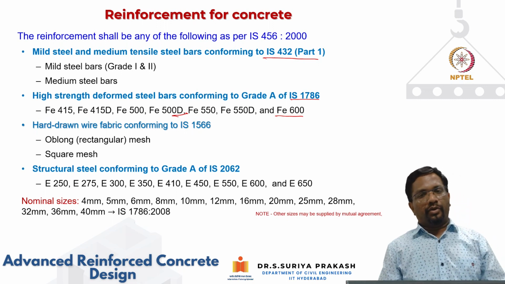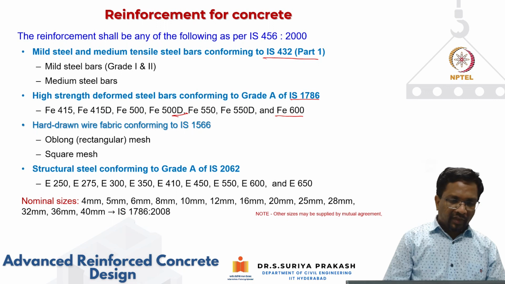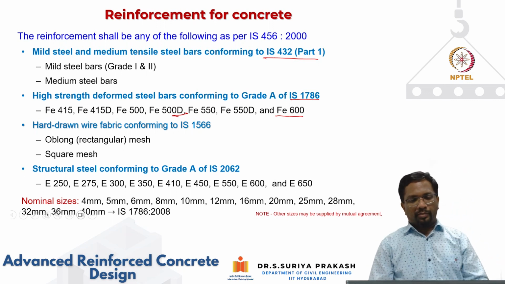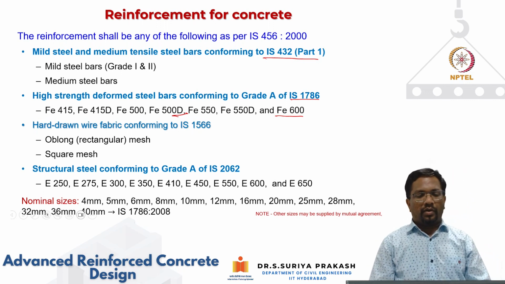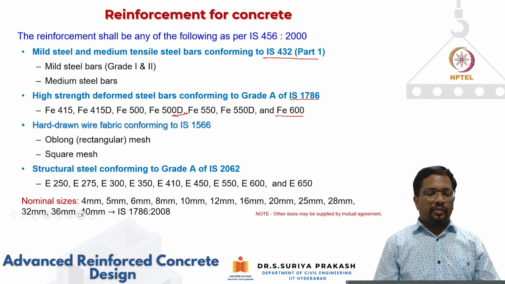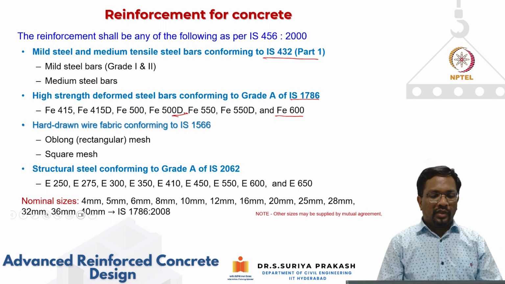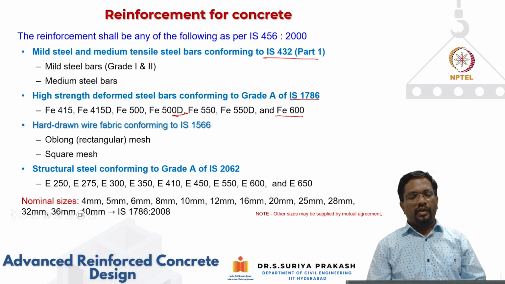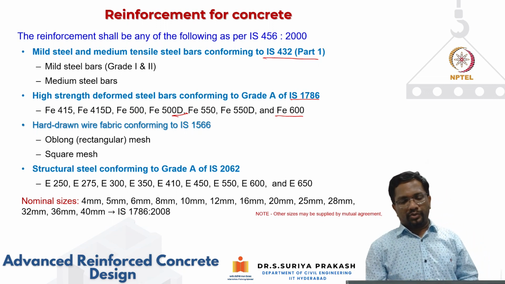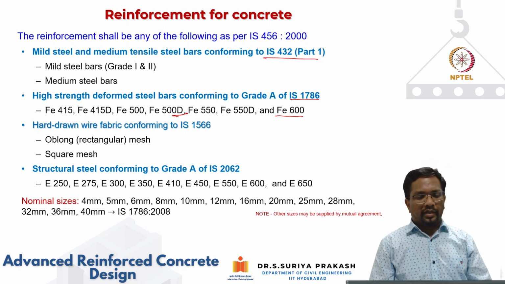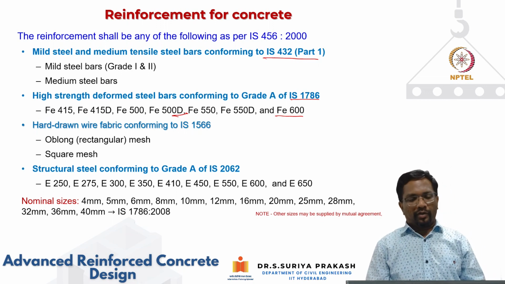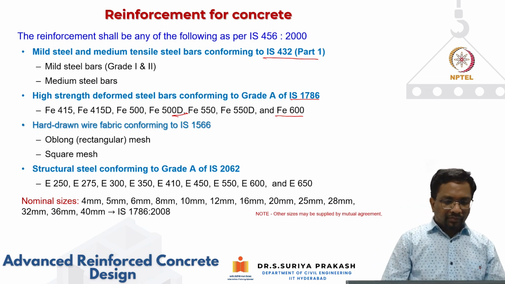so it has higher elongation at failure. For certain applications, we can also use hard drawn wire fabric, conforming to IS 1566. This hard drawn wire fabric is usually welded wire fabric. They come as an oblong or rectangular mesh, or sometimes as a square mesh.